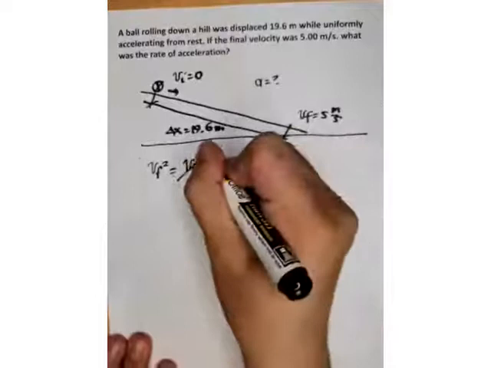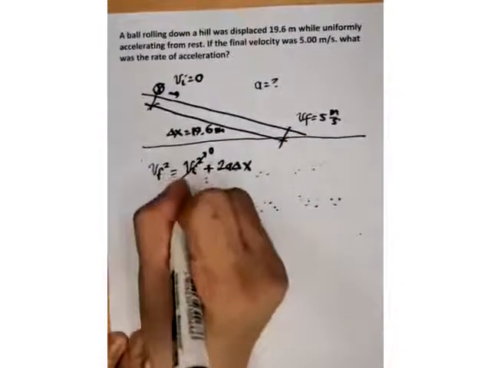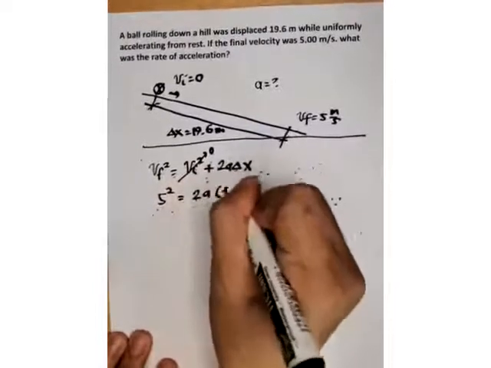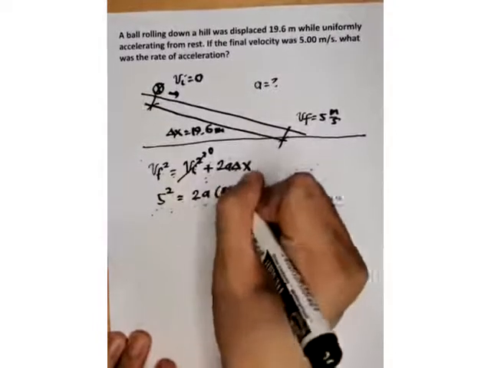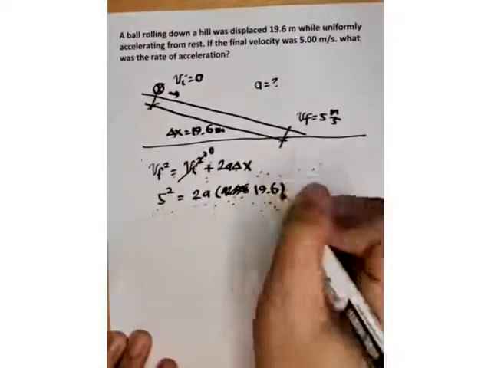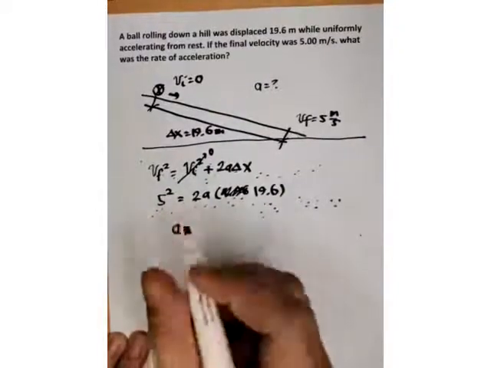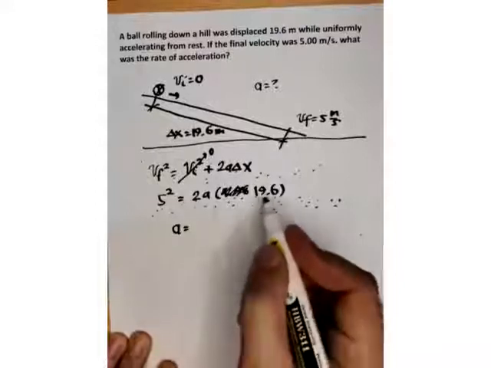But V initial is 0 and V final is 5 squared. So that's equal to 2 times A times 19.6. So what is the acceleration? Divide this whole equation by 2 and 19.6.